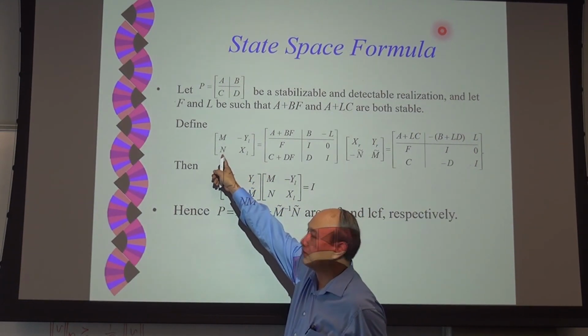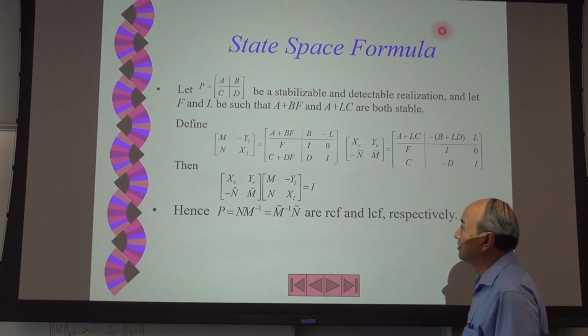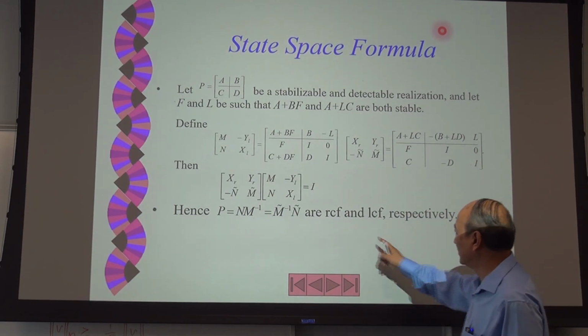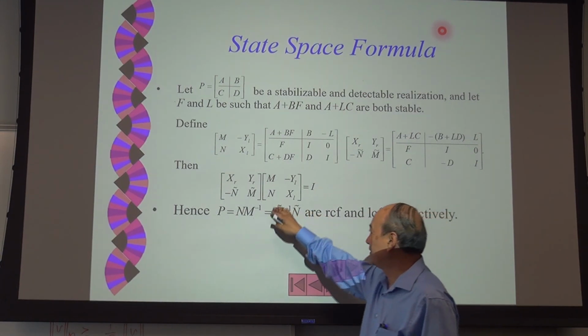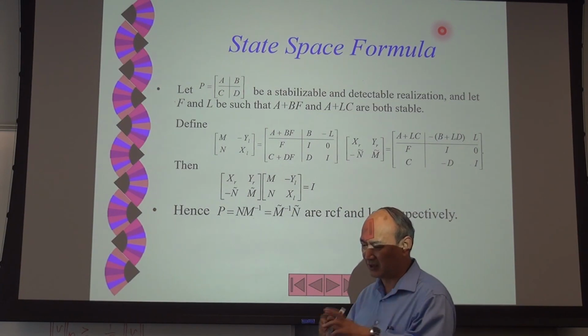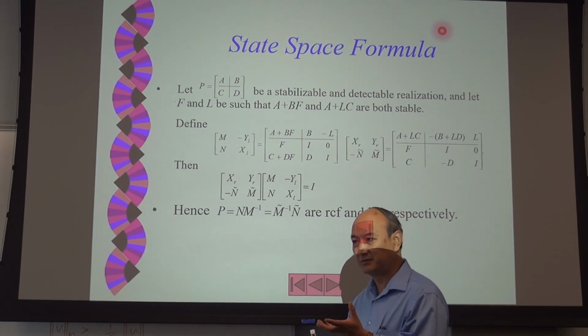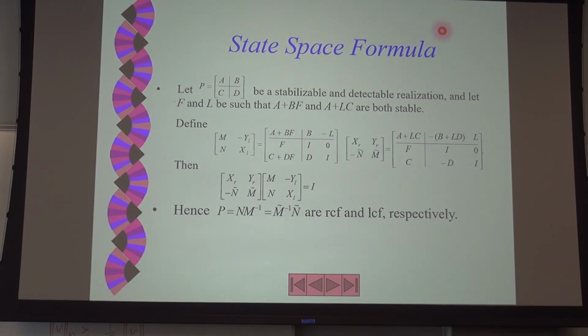These are the so-called right and left coprime factorizations. Think of this as a generalization of the scalar case of numerator and denominator. The reason they do this is to make many discussions much more intuitive.